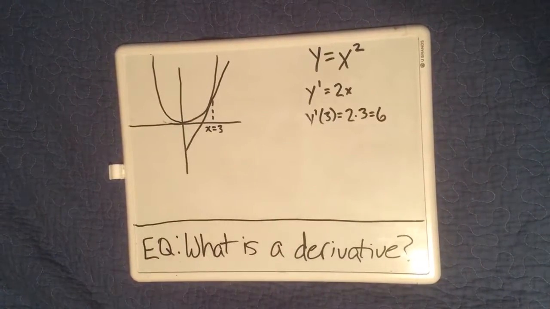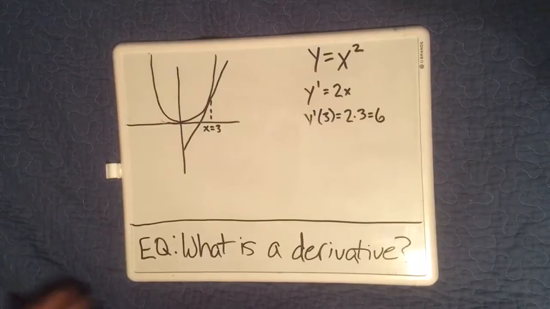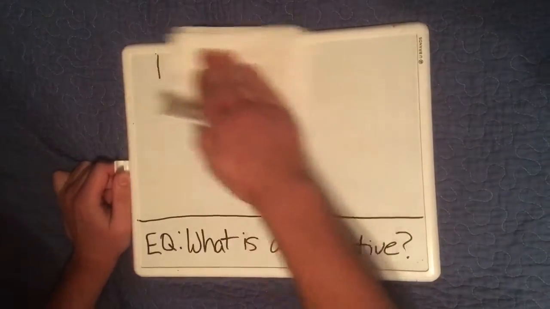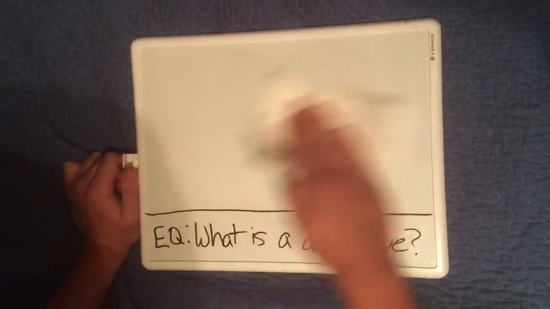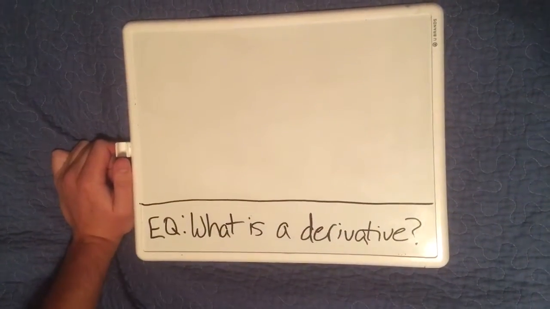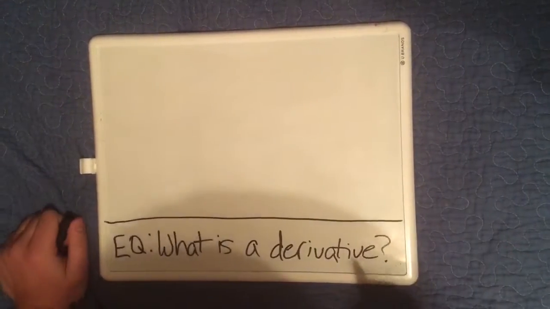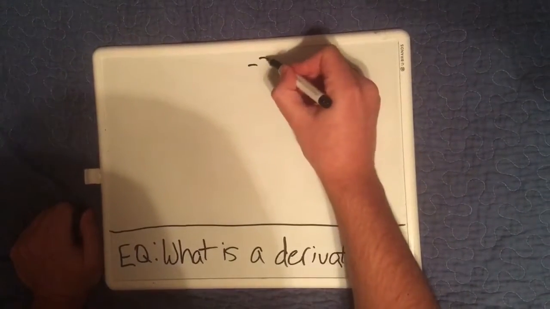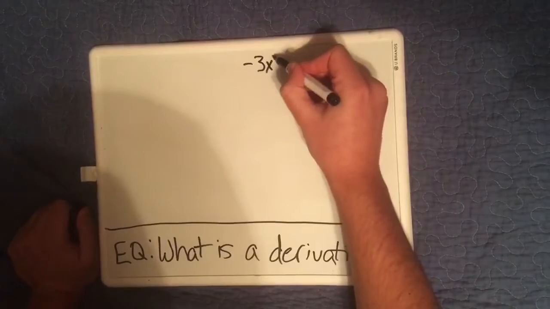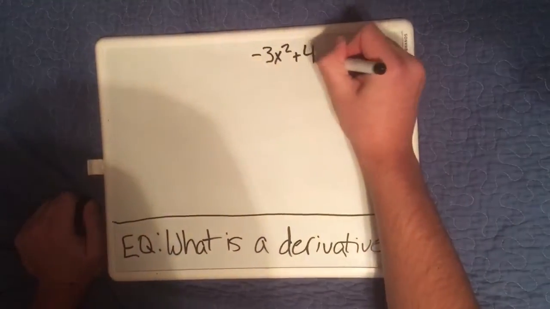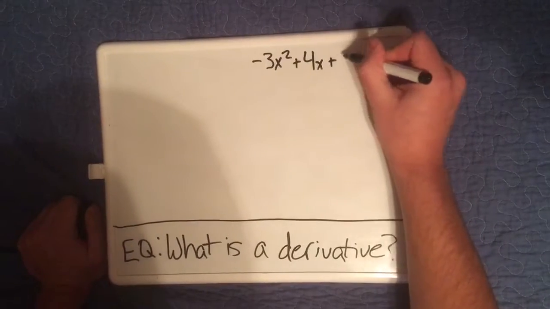So let's look at a little bit more of an elaborate problem. I have already gone ahead and graphed on my calculator the equation negative 3x squared plus 4x plus 2.